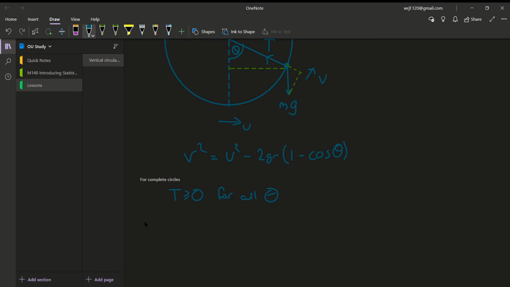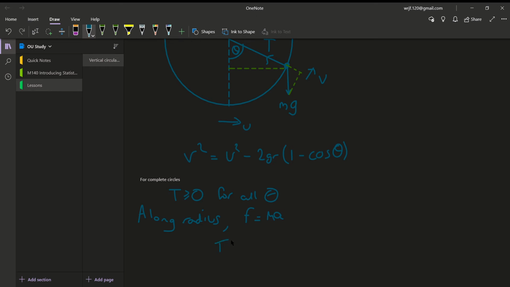So we're going to resolve the forces along the radius, and we're going to apply F equals ma to it. Okay, so what forces have we got along the radius? Well, clearly we've got a tension acting in towards the center of the circle. So that's our first force, left hand side of this equation.